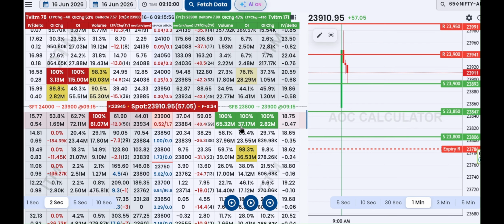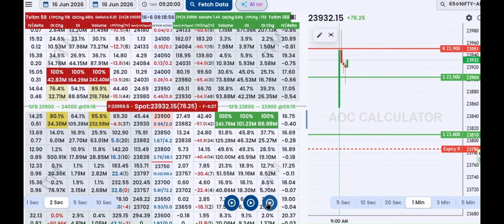Initially, we can observe a strong support at 23,900, where put volume equals 100%, put OI equals 100%, put OI change equals 100%. On the opposite side, at 23,900, the call option shows counter positions with increasing volume and OI change, while the maximum call OI is still present at 24,000.